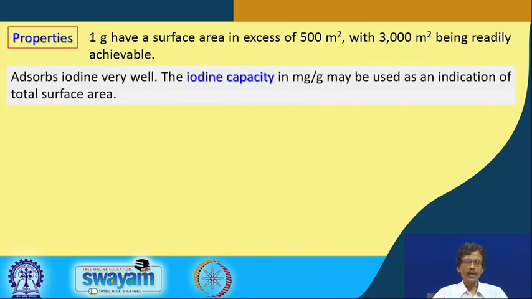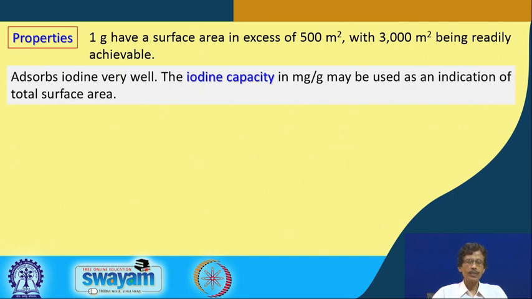Once we find that we have an activated charcoal in our hand, we will check the activity, that is the adsorption behavior, with iodine. We know that solid iodine can be sublimed very easily, so adsorption of iodine vapor can be considered.